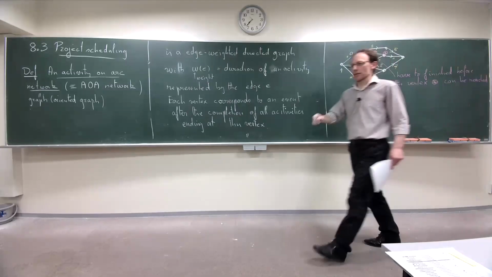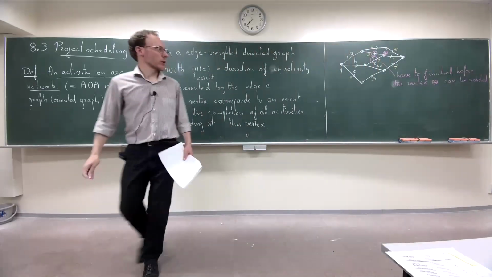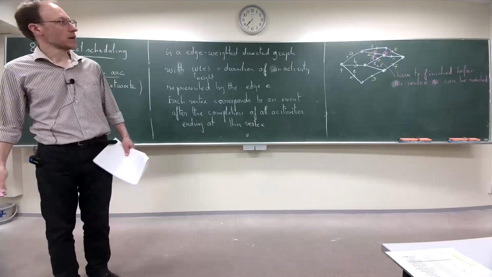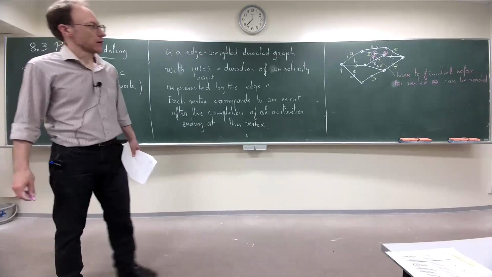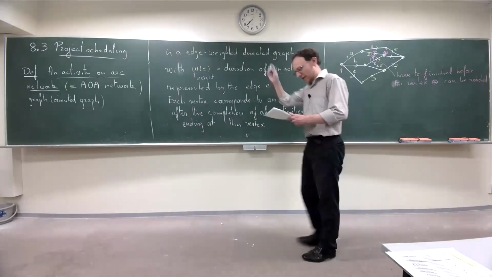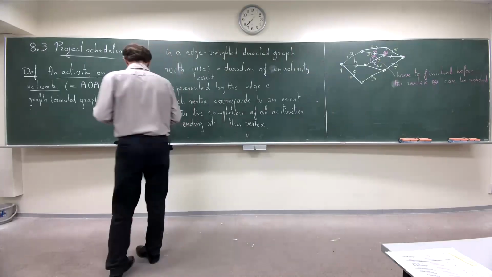So this is quite clear. You need to finish an activity before you reach a certain vertex. Actually, it's completed. In the algorithm, it is.